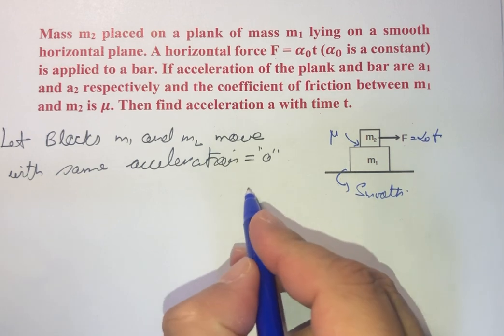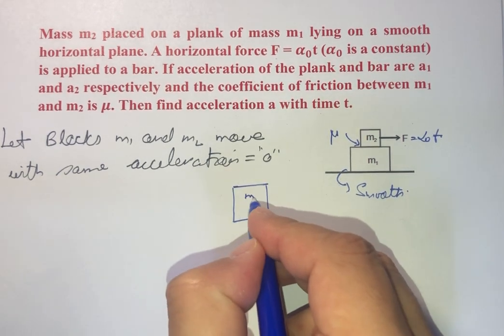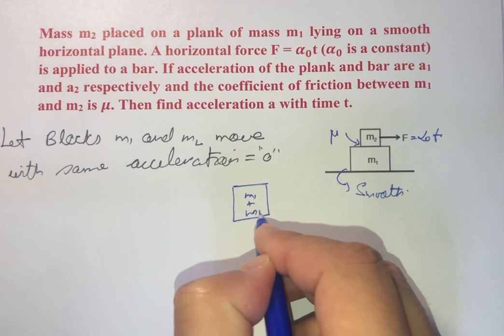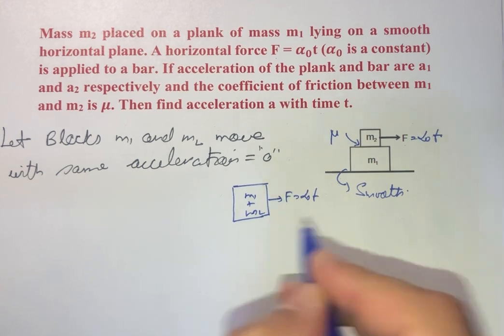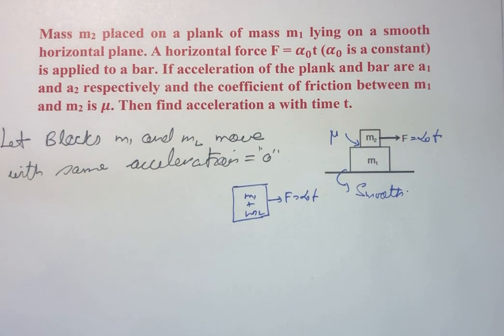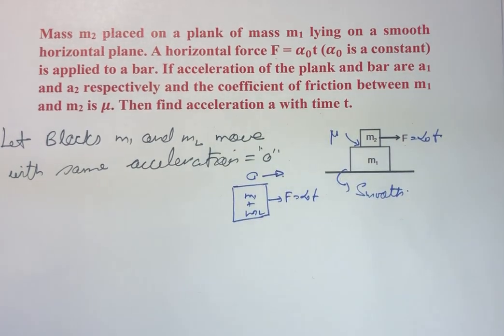So you can draw this as m1 plus m2, and there is a force F which is alpha naught t acting towards the right side, and the acceleration is a in this direction.